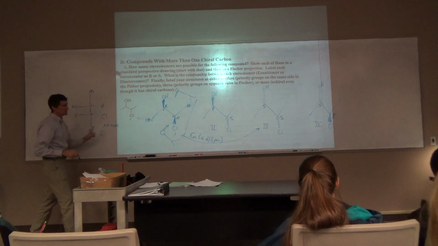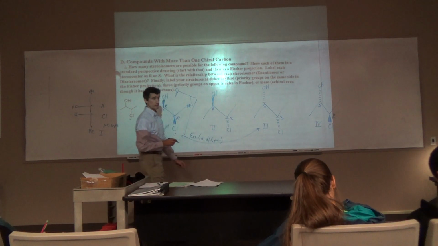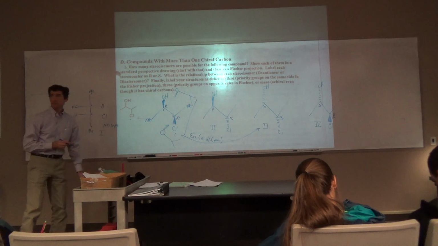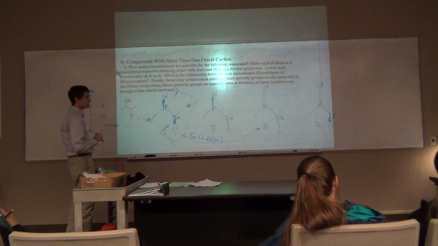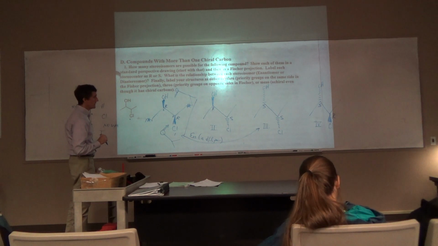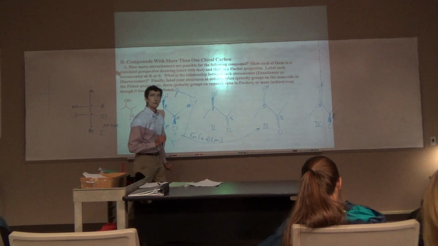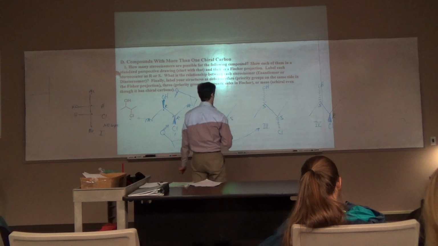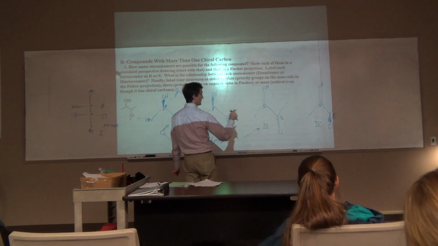Since there's no symmetry, what does it tell us about the mirror image, which is 3? It's different. It's got to be. Something with no plane of symmetry in the mirror image is going to be different, just like with a hand. What's the relationship between 2 and 4?